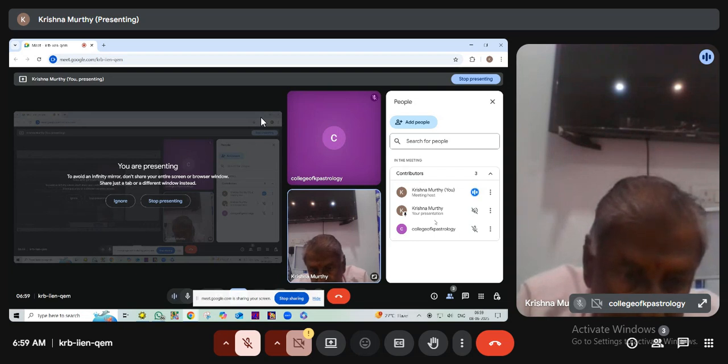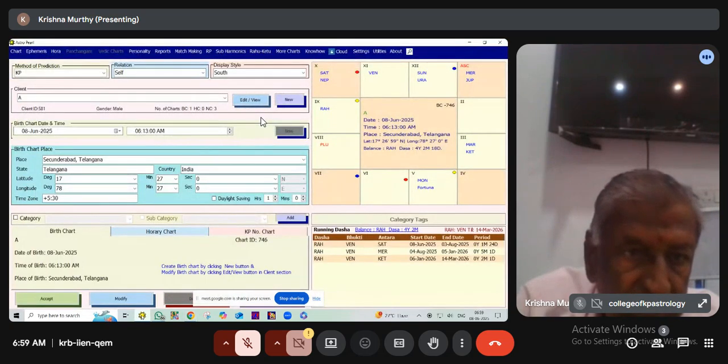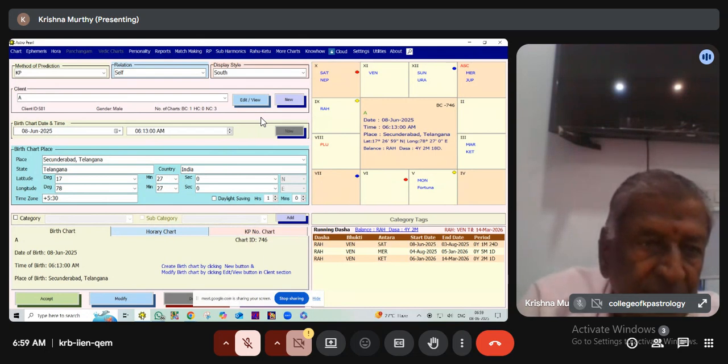If we take an example, I have taken the chart of a person born just now, that is 8th June today, 2025, at 6:13 a.m. in Secunderabad.